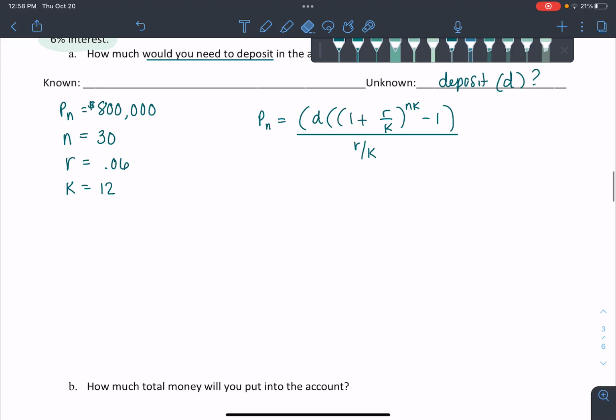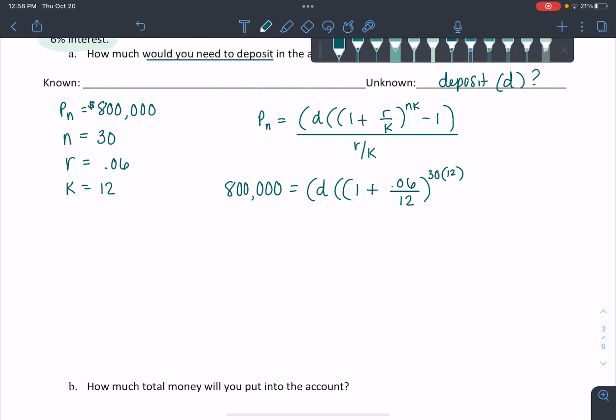Okay, so let's do this. So we've got 800,000 equals parentheses D, parentheses, and I left it as D because that's the thing we're solving for, right? 1 plus R over K raised to 30 times K, which is 12, minus 1 close parentheses, all over 0.06, my R, over K, my 12.